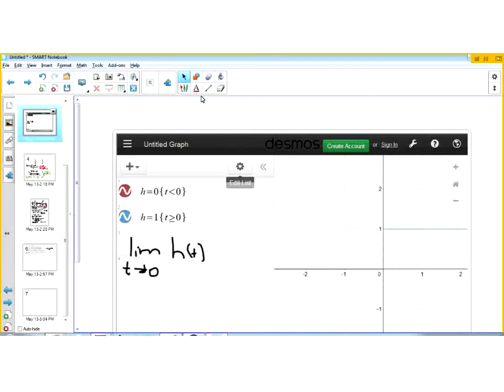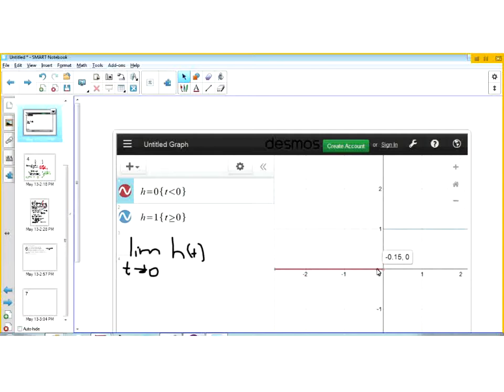All right, so let's do our walk again. Let's go for a walk, right? So as I walk along the t-axis and I'm approaching 0, then I hit 0 and it's still undefined. Okay, yeah, it's still undefined.